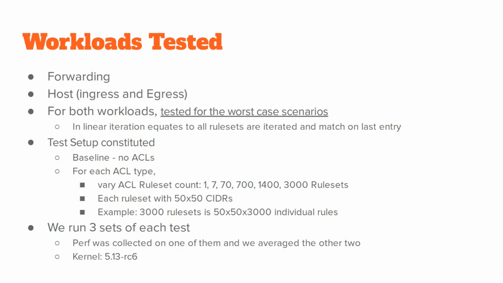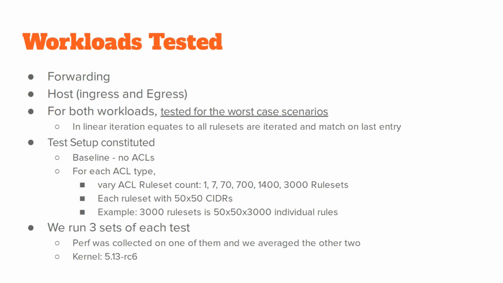and get routed out. For the ACL pieces, we tested a range from 1 to 3,000 with about 7 counts of rule sets. And again, to repeat, for each of the LPMs, we had 50. And we always had the 2 source and destination grouping.